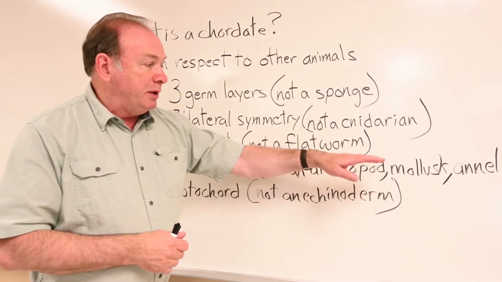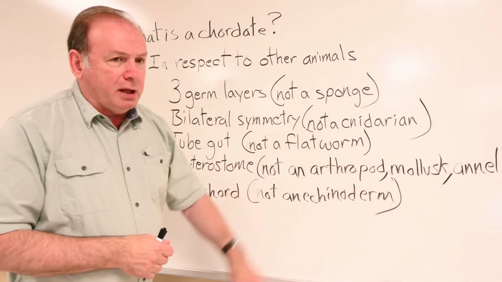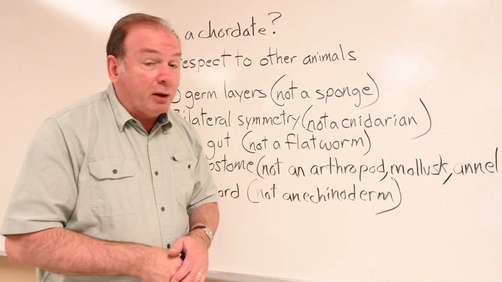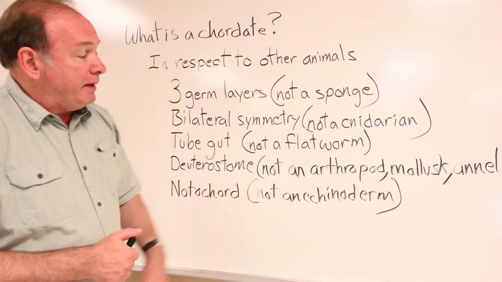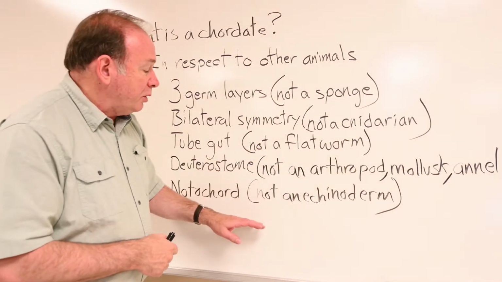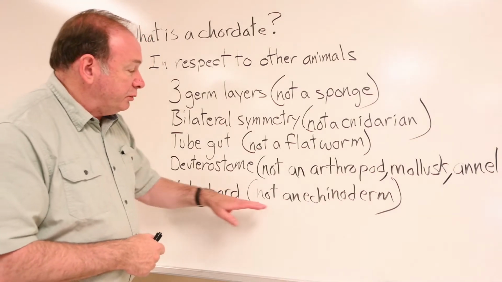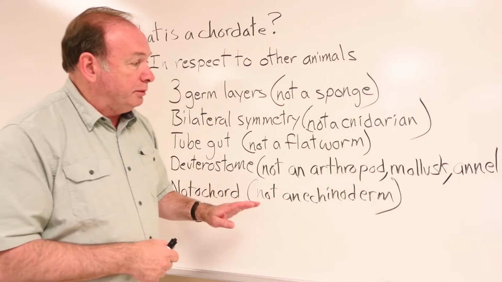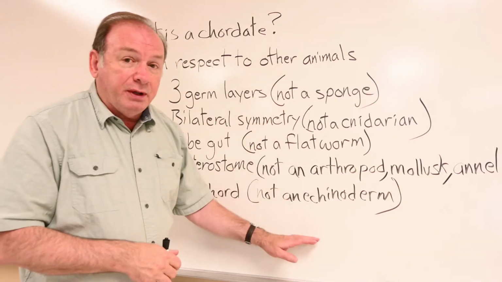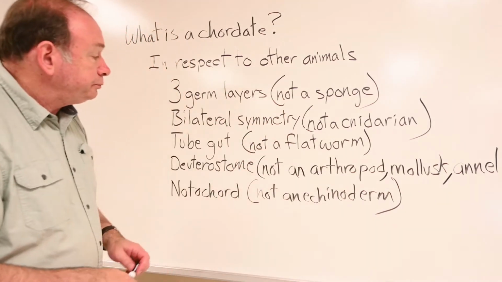So arthropods, mollusks, annelids, and even some of the other lesser phyla and the roundworms included in there, would have that protostome condition. Echinoderms and chordates both are deuterostomes, but echinoderms do not have the notochord. So we could construct a phylogenetic graph from this information if we wanted to.